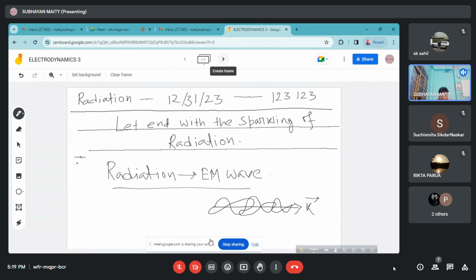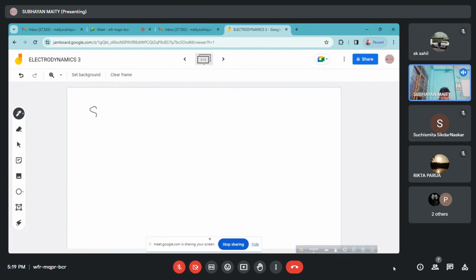Okay, now let's introduce some vector, namely S. S is equal to 1 by mu naught E cross B. Or in free space you can write it as E cross H, because in free space B equals mu naught H. So that's why 1 by mu naught E cross B means E cross H. So this is our newly introduced vector, which is perpendicular to both E and B, like the wave propagation vector k.